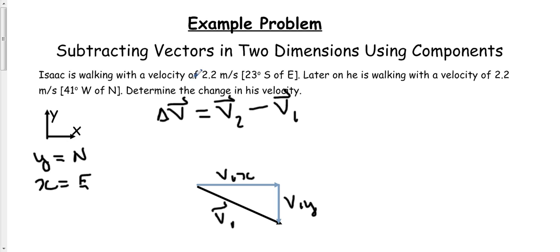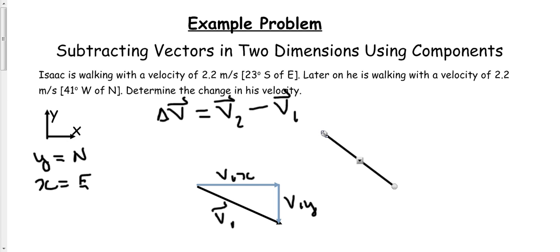And let's look at our second vector here, 2.2 meters per second, which means it's going to be the exact same length. So I'm just going to do a copy of this one, so we know it's the exact same length, but it's 41 degrees west of north. So that means we start with north and we go west by 41 degrees.